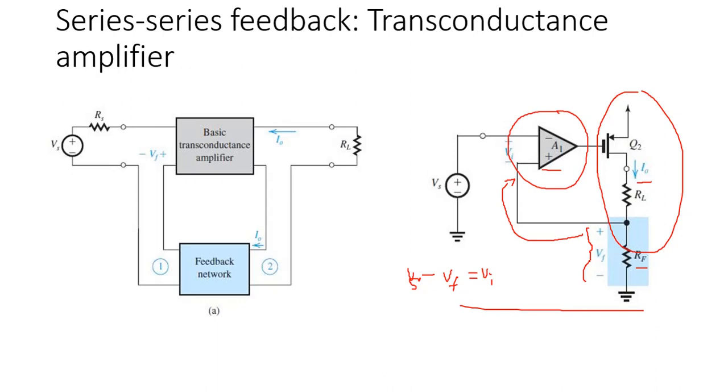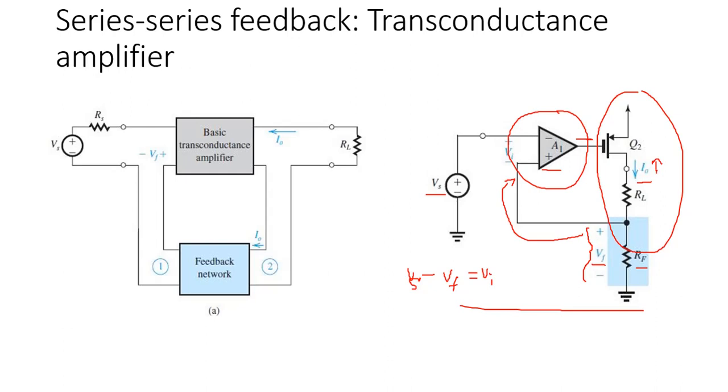The polarity of Vf and Vs should be the same. Any change in the source voltage Vs will result in a negative change at the gate terminal of Q2. So this change in turn increases the output current I0.